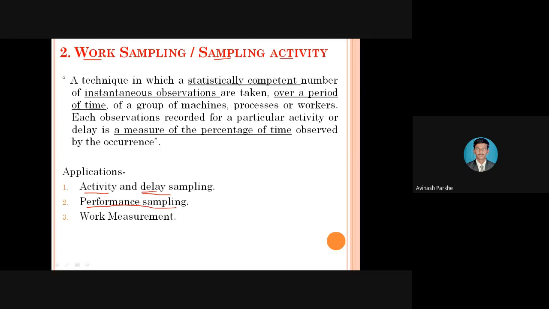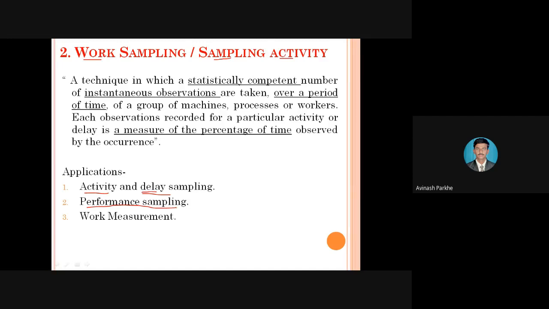That means he is checking the performance of that operator, whether he is continuously working or not. If he is continuously working, then we can say that the performance of that operator or that machine is good, better, excellent as per the requirement.